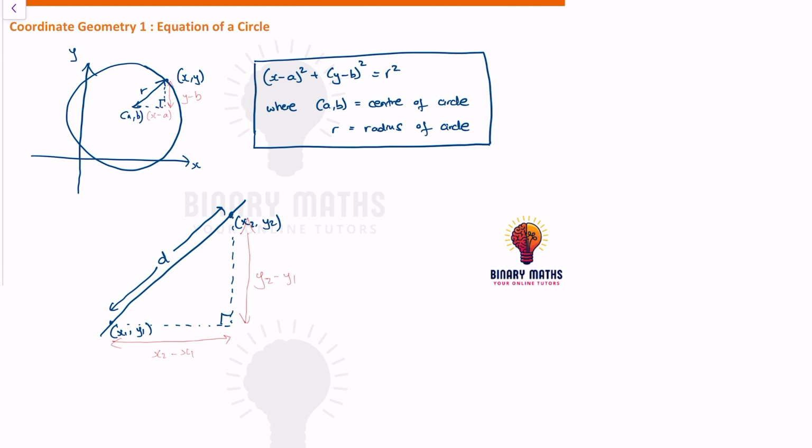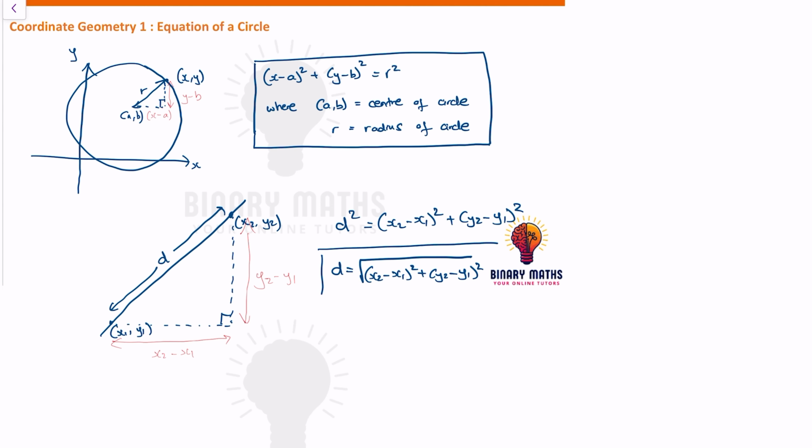So d squared must be equal to (x2 minus x1) squared plus (y2 minus y1) squared, which means d is equal to the square root of (x2 minus x1) squared plus (y2 minus y1) squared. So this is the distance formula, the distance between two points.